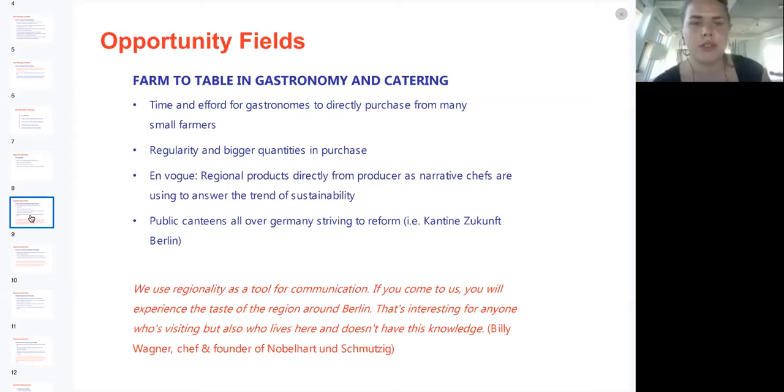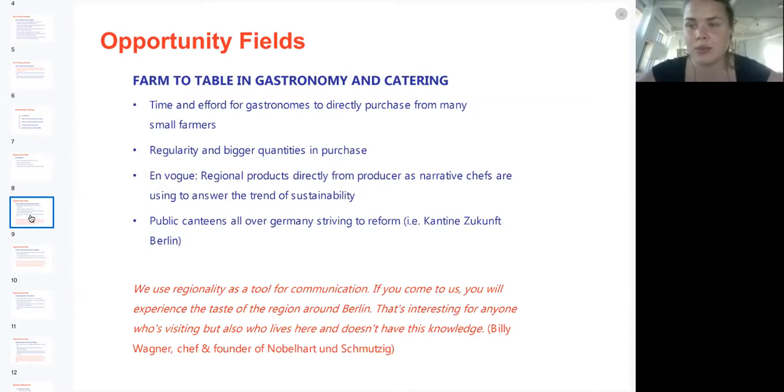So an opportunity field would be to find a solution how to concentrate these different channels easily for a gastronome and for a restaurant. And on the other hand, for the farmer, it's a good opportunity because he has a competent processor that orders regularly and in bigger quantities than a private consumer. So it's less channels, more regular, more quantity.